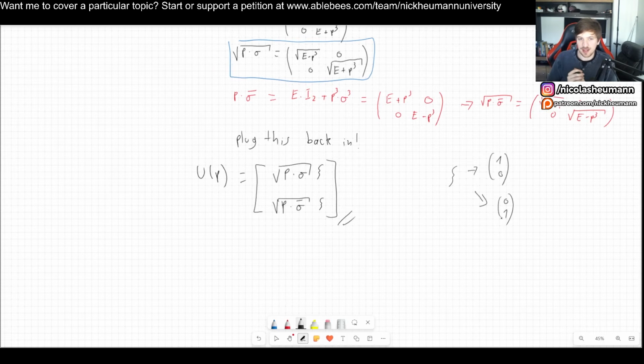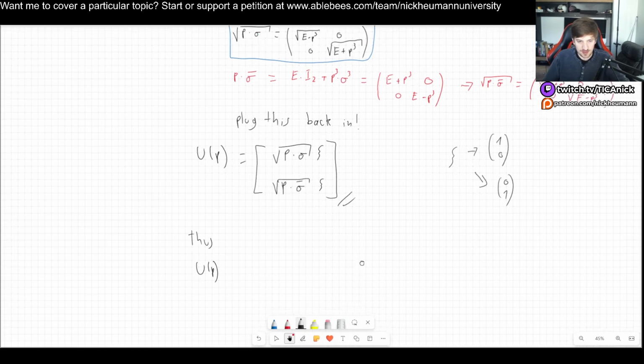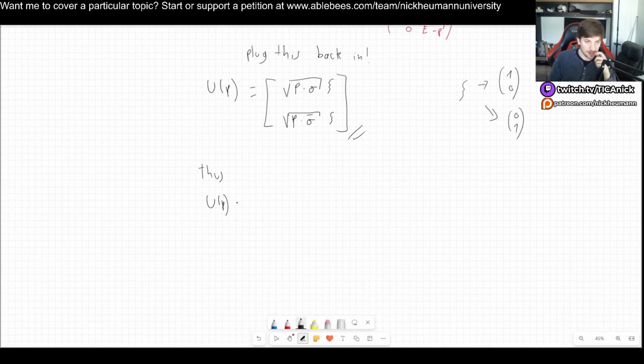So for example, for our U of P, let me move this down, in this case we would have the square root of E minus P3, 1, 0, E plus P3, 1, 0. This is in a spin up situation.